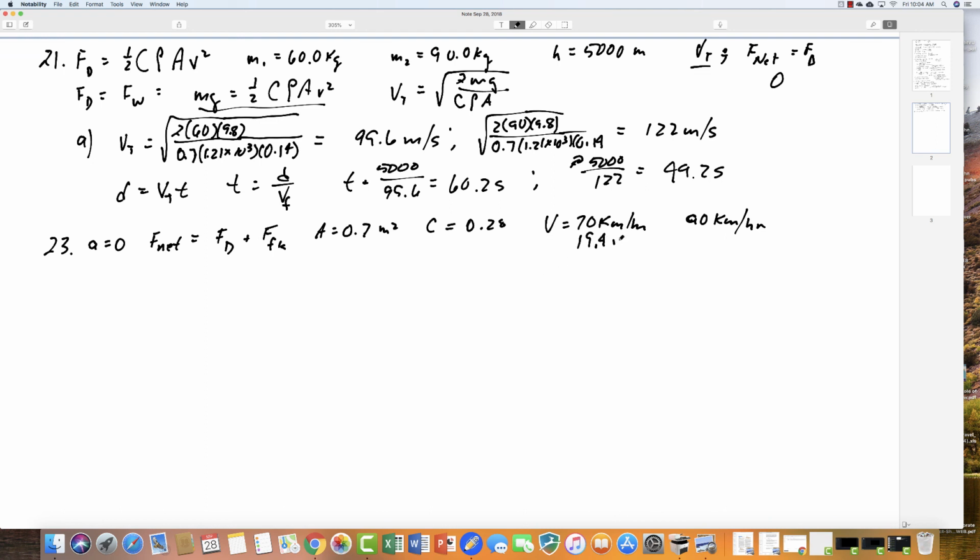This one's 14.4 meters per second. And this is 100 kilometers per hour. And this is 27.8 meters per second.